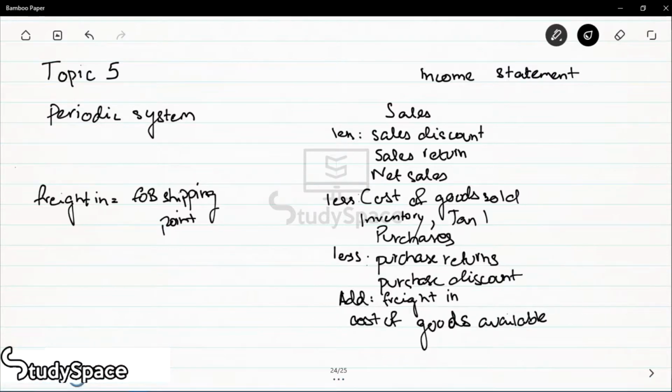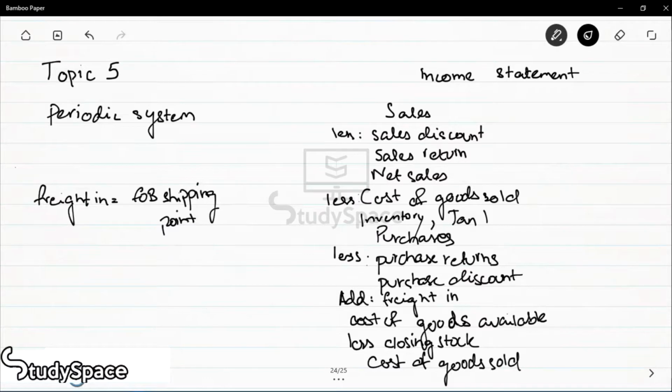Less our closing stock would give us our cost of goods sold. This would be the format for an income statement up to its cost of goods sold.